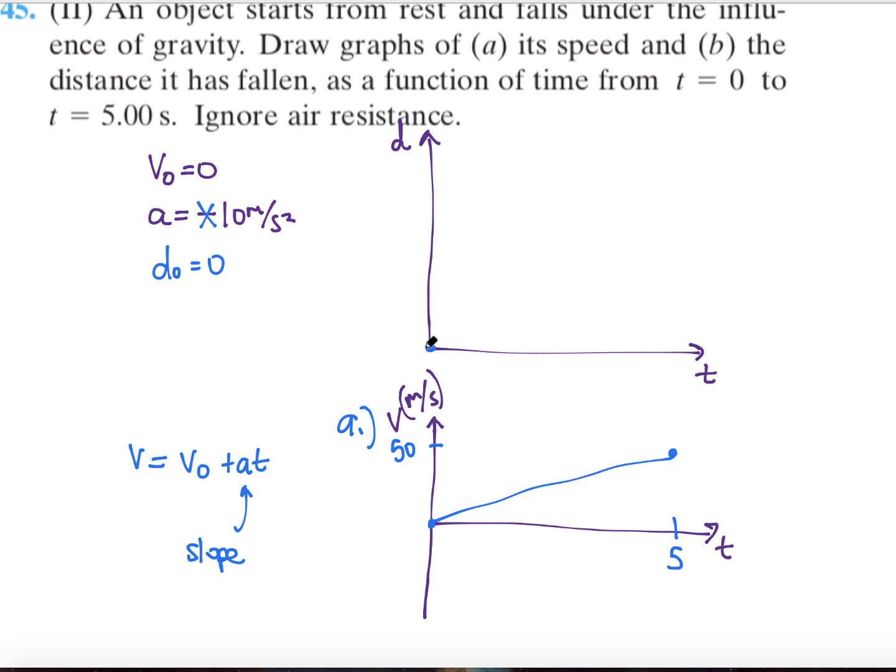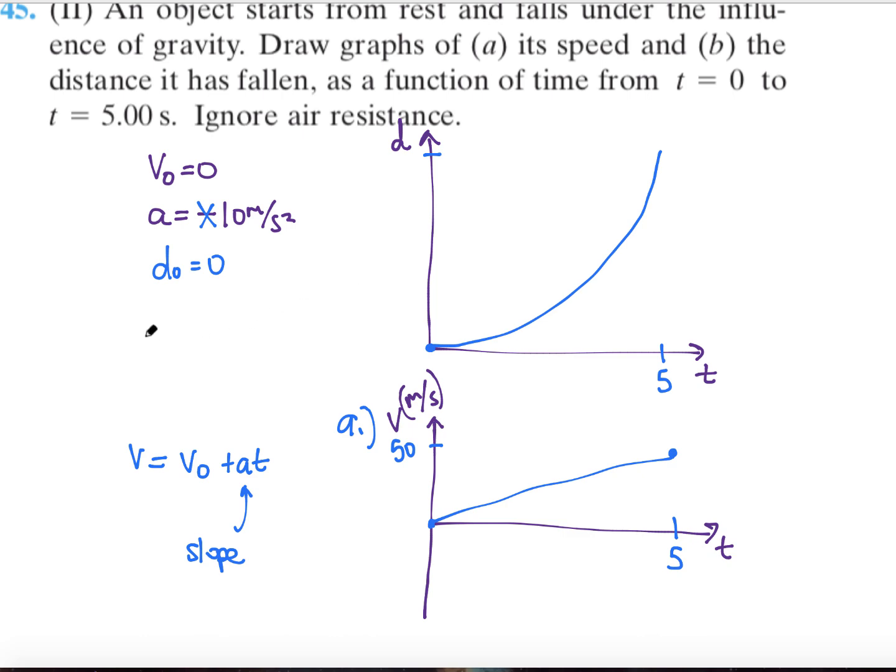So if you remember from our work with the kinematic graphs, if my velocity is changing, that means my distance or my position has to be curved. So the slope of my graph actually starts at 0 and increases. So I'm going to sketch that shape. It looks something like this. And just figure out at my endpoint where I'm going to be after 5 seconds.